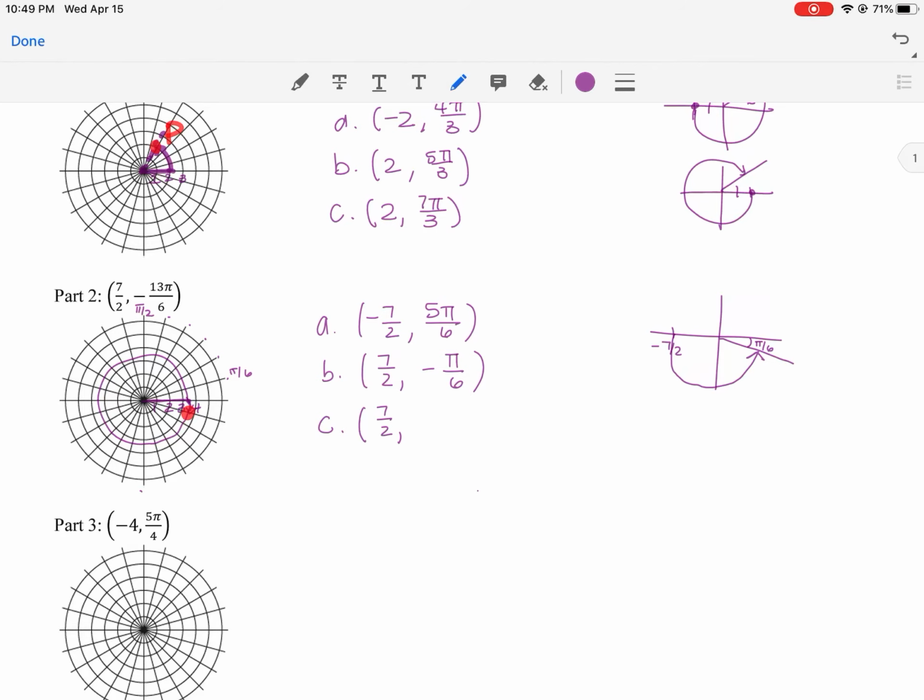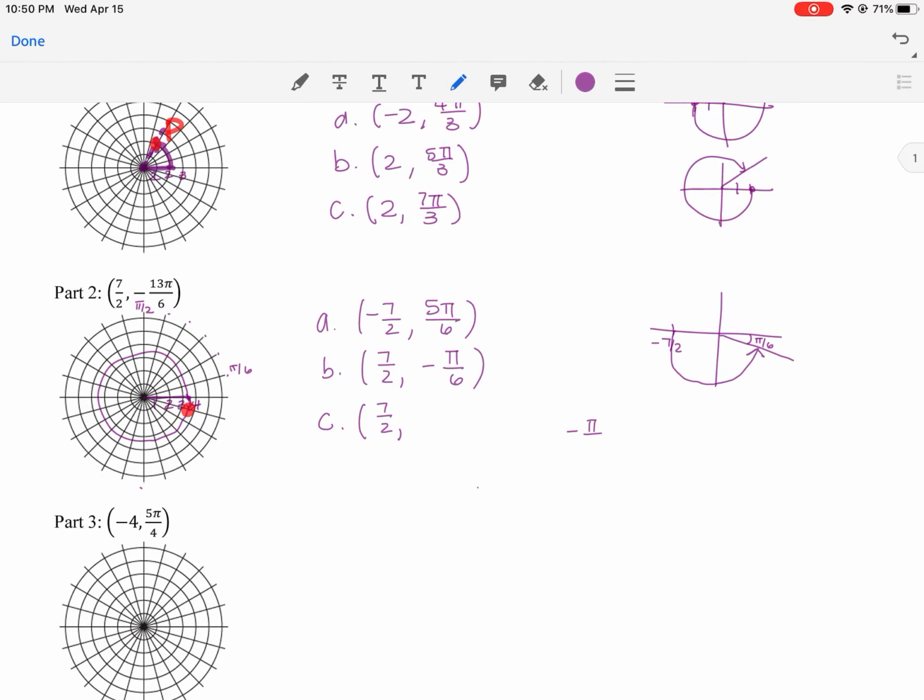So negative pi 6, if I add 2 pi, think about that as 12 over 6, that would give me 11 pi 6, but that's still not bigger than 2 pi, right? So if I add another 2 pi to 11 pi 6, that's going to give me 23 pi 6. Something bigger but equivalent.